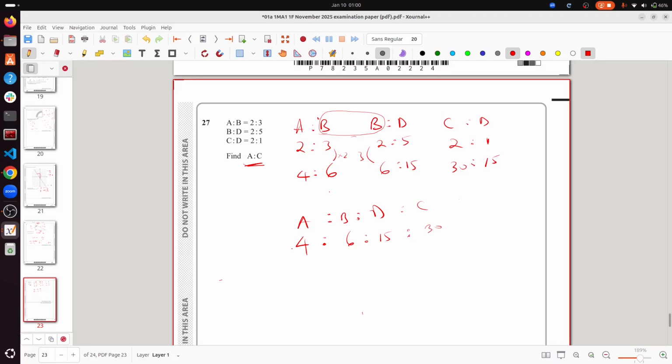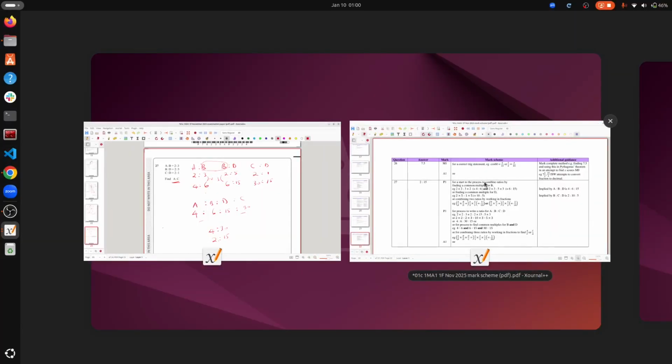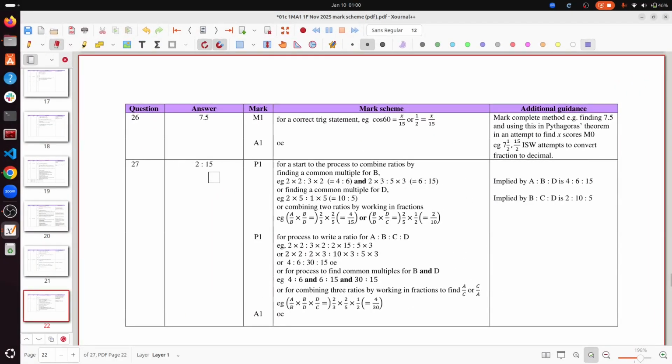So looking at A is to C, that gives me 4 is to 30, which is 2 is to 15. So that's a logical way of arriving at the answer, and that's what we have there, 2 is to 15.